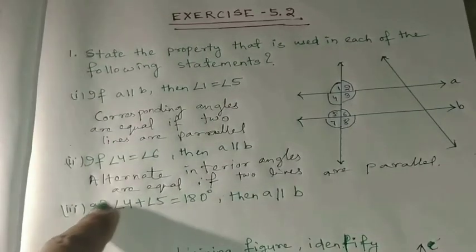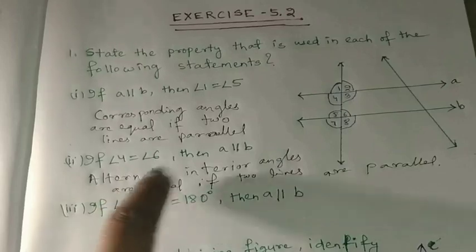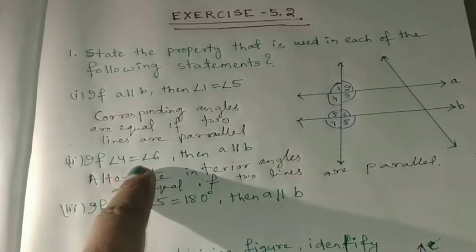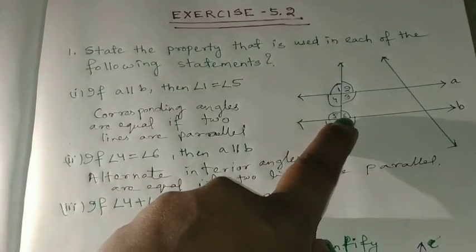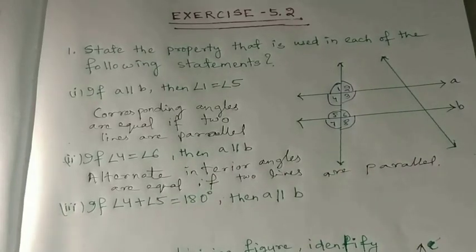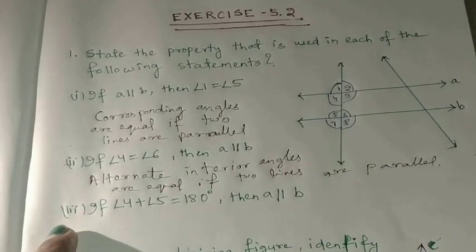Here the property is alternate interior angles, because angle 4 and angle 6 are alternate interior angles. Next we will move to the third part.